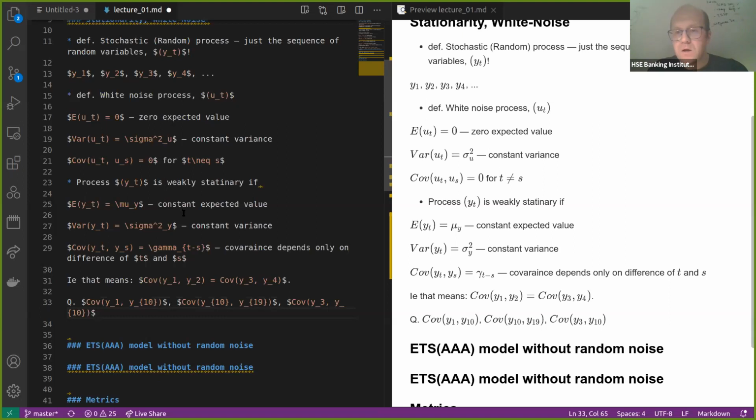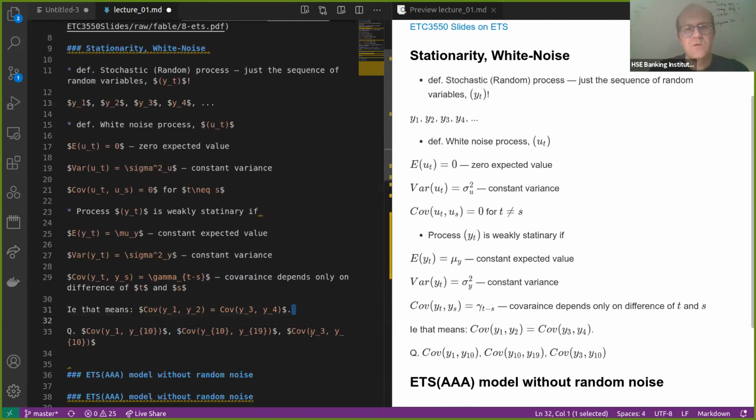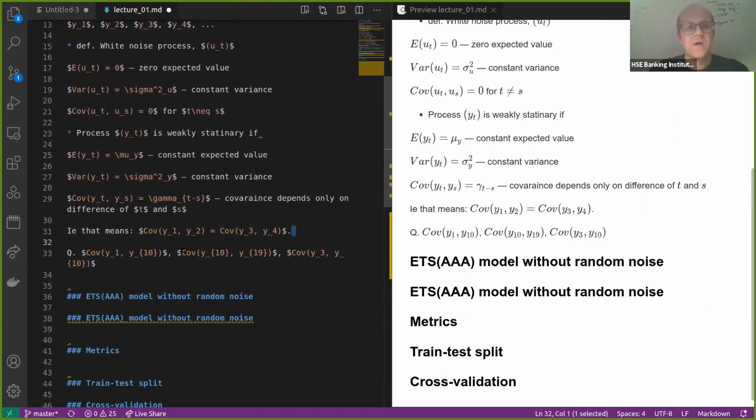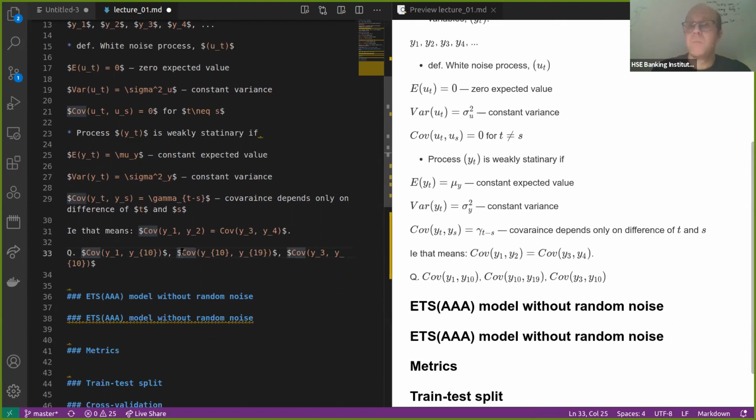Yeah, Konstantin is right and Misha is right, because between y1 and y10 we have 9 days if we speak about daily data. Between y10 and y19 we have 9 days, and between y3 and y10 we have only 7 days. So all three covariances may be non-zero.